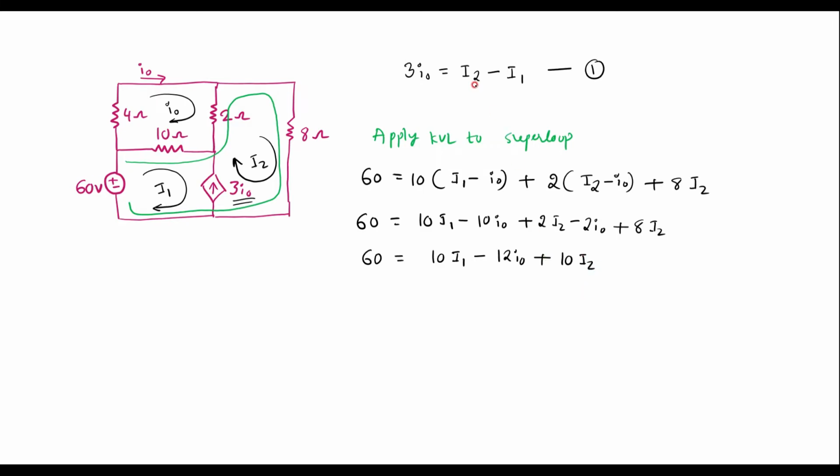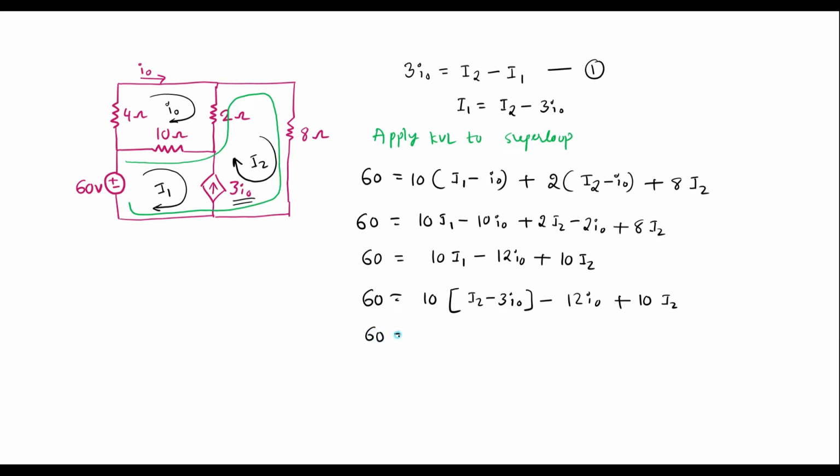From equation 1, I can write I1 is equal to I2 minus 3 I0. Now let me substitute the I1 value in this expression. 60 is equal to 10 times I2 minus 3 I0, minus 12 I0 plus 10 I2.